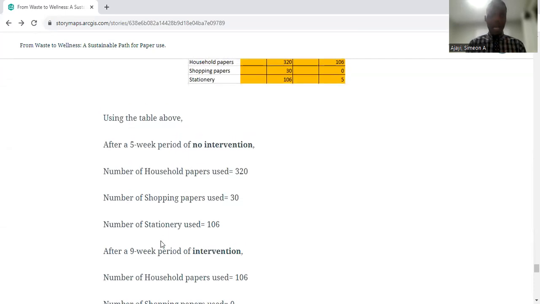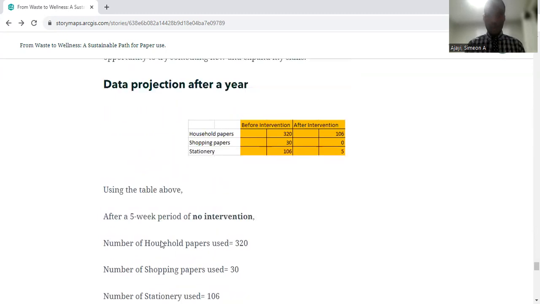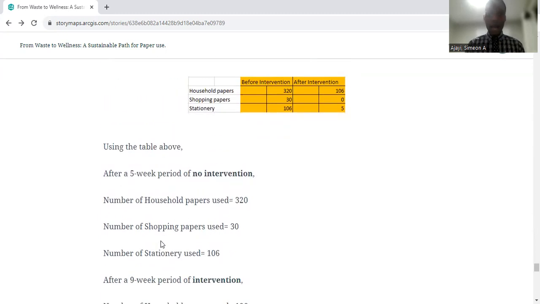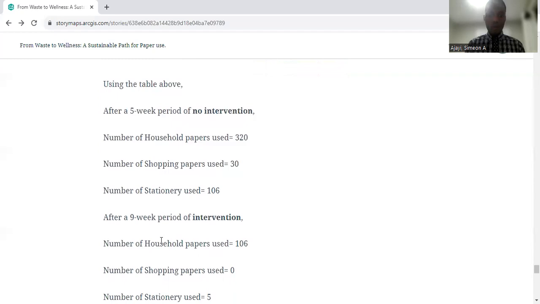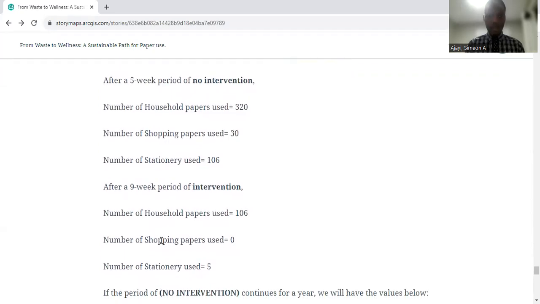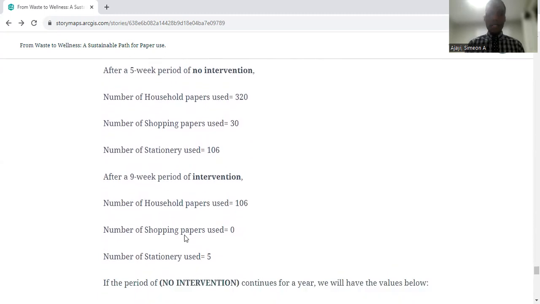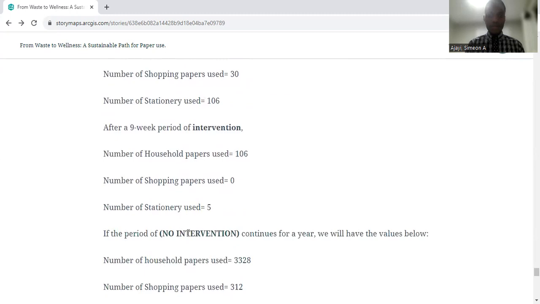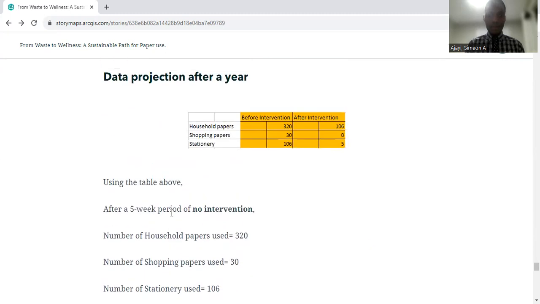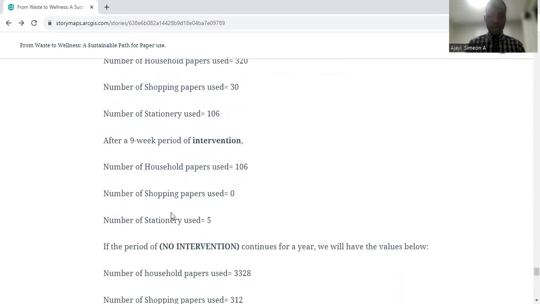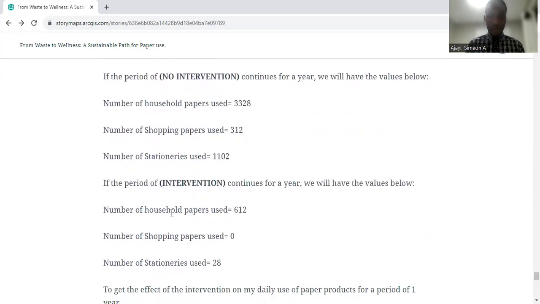And then after 9 weeks of intervention, I noticed that I used 106 of household papers, shopping papers 0, and the stationery use was 5.